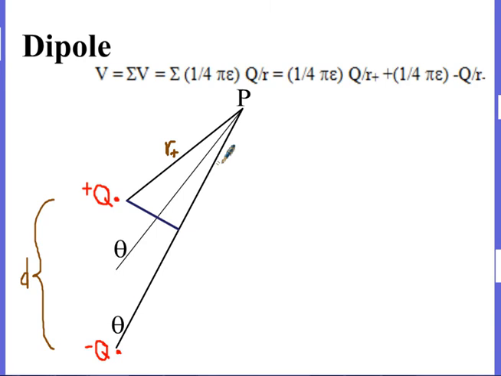And for this other one, the potential is going to be, well, the charge is a negative Q, and for r, that is r minus. And by r minus, I mean the distance of this point P from the negative charge. So there you go. It doesn't seem very workable yet, but we're going to get there.